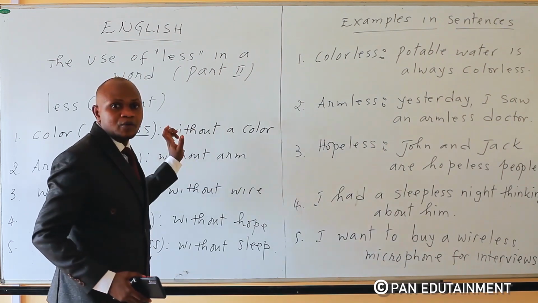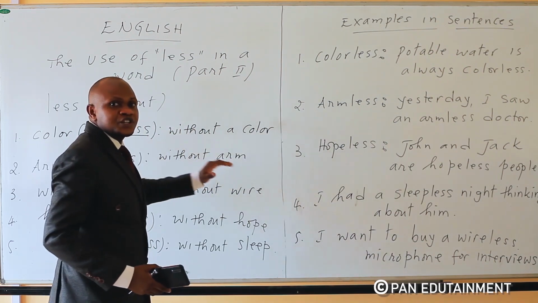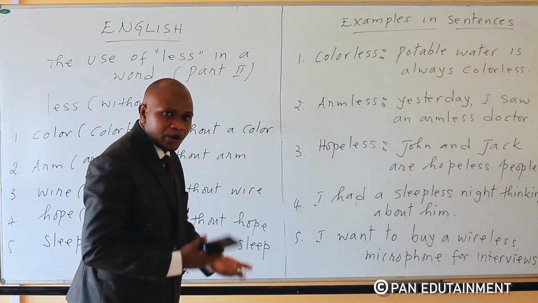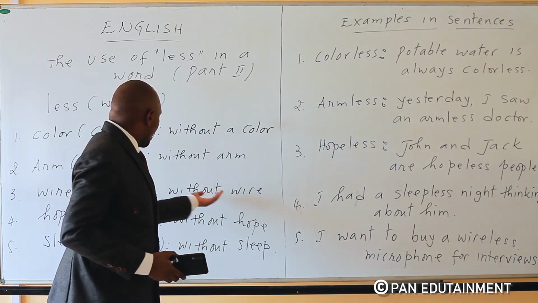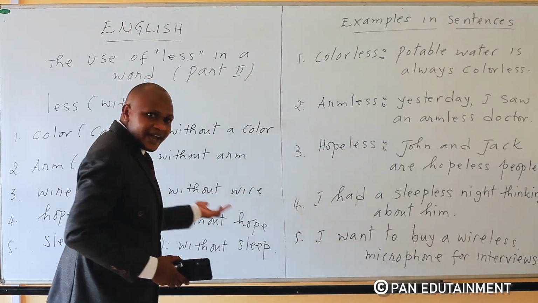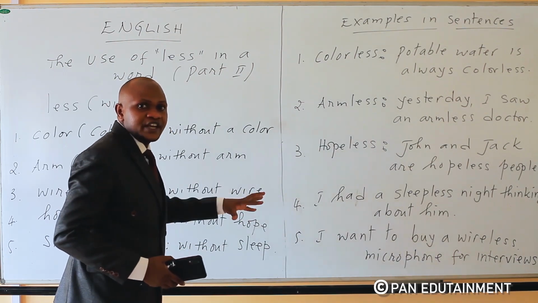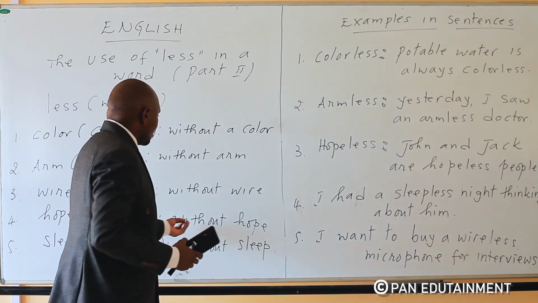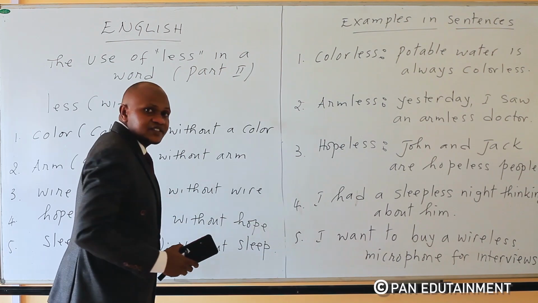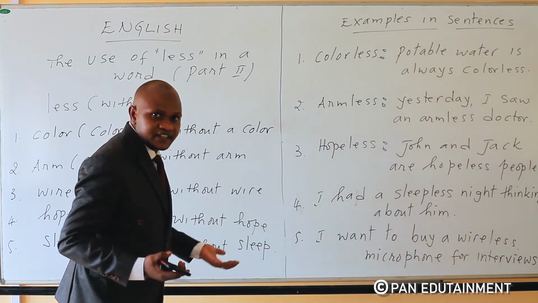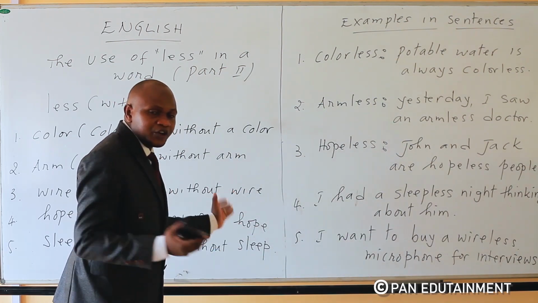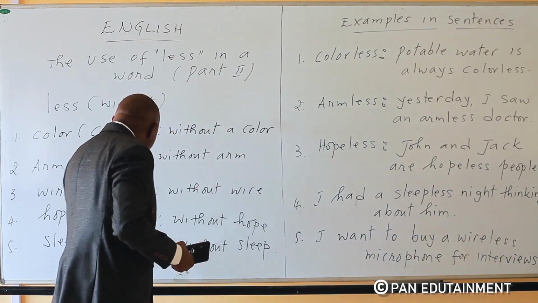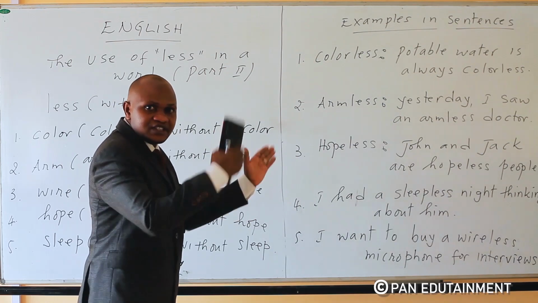Armless, without arm: something or someone armless has no arm. Wireless, without wire: something wireless has no wire. Without hope is hopeless. A person without hope is hopeless. Sleepless, without sleep. No sleep.